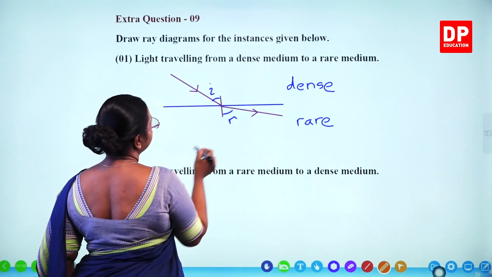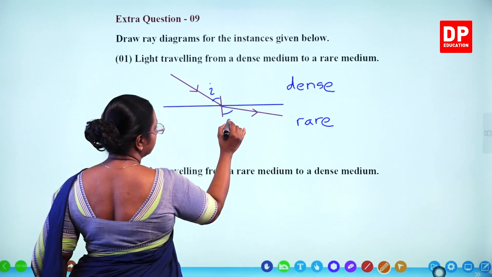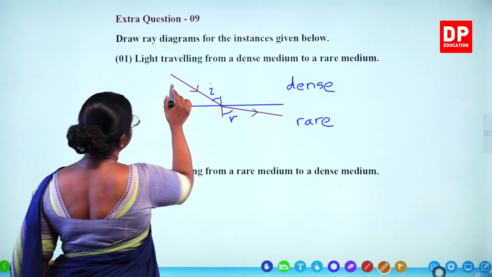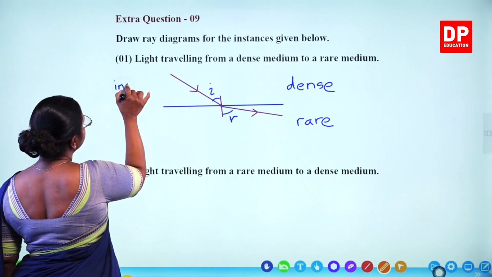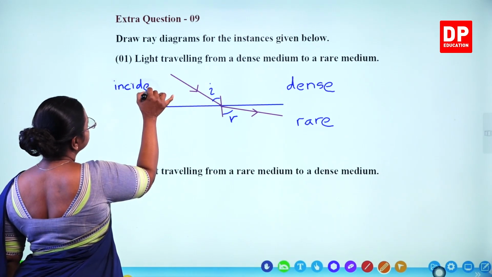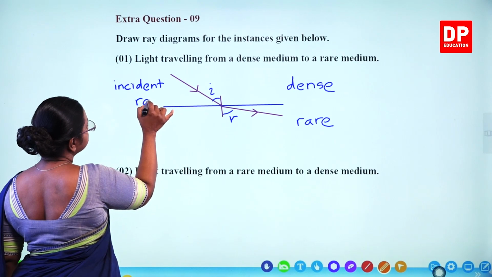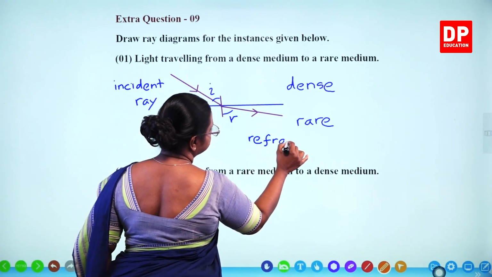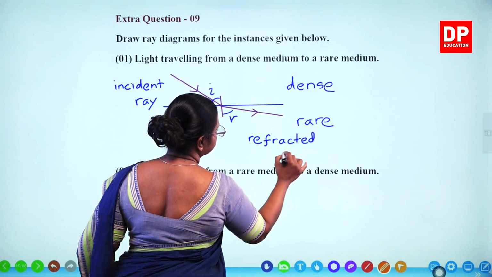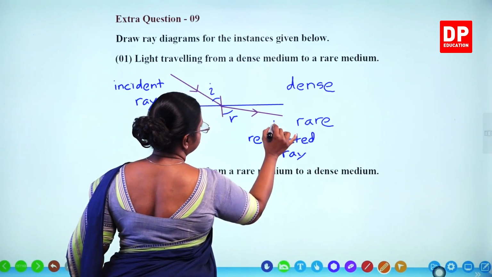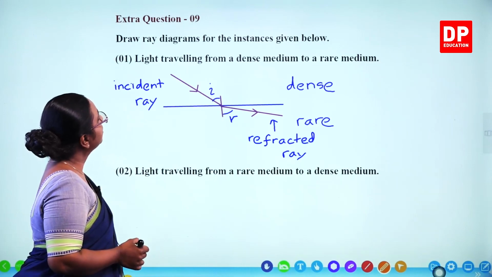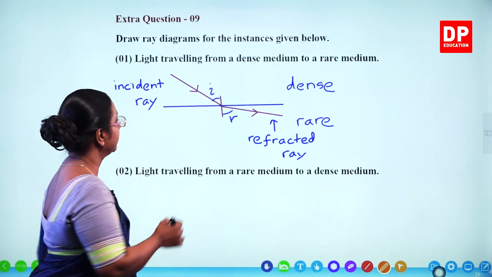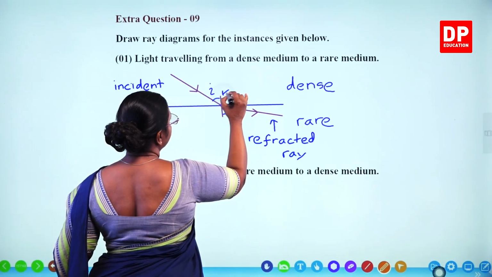This is the angle of refraction. Angle of refraction, and this is the incident ray and the refracted ray. That is this. So light traveling from a dense medium to a rare medium, and this is the normal.